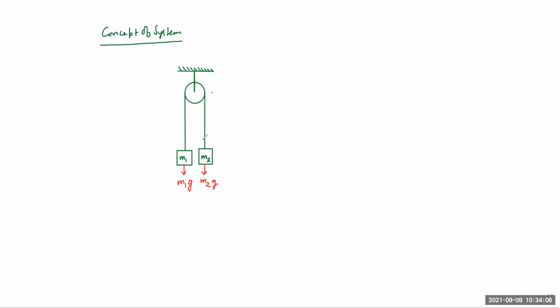Now the tension is also a pull force, but we only look for the force which is acting not within the system but external to the system. If you look carefully, if one goes down, the other goes up. So if I mentally make it horizontal like this, it seems like the m2 block is going towards the right, and this is also going towards the right.